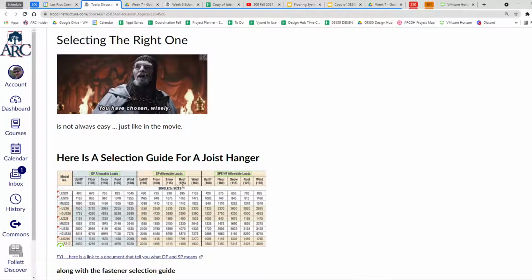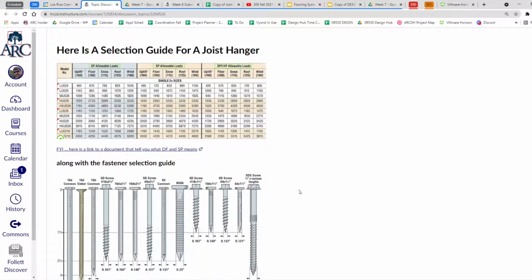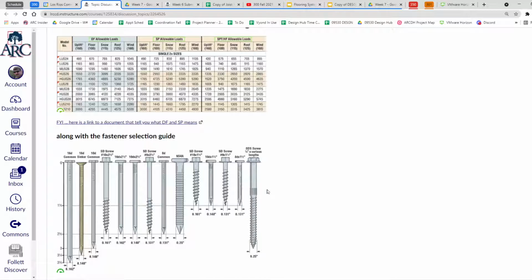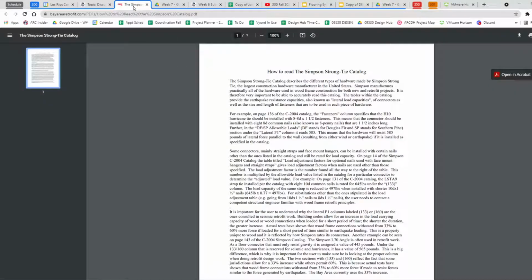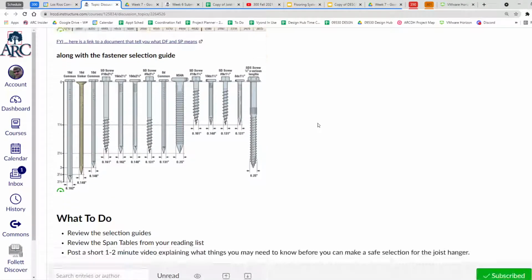These are standard loading, and so how much can you put on them if you have this kind of a hanger. And then there's even the types of fasteners that have to go in with it. Okay. And then here's a little thing that helps you understand what some of those terms mean.